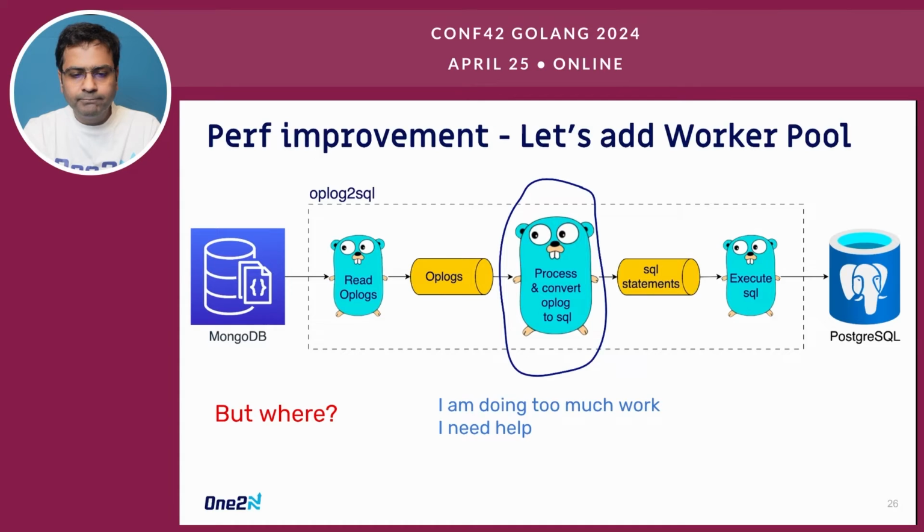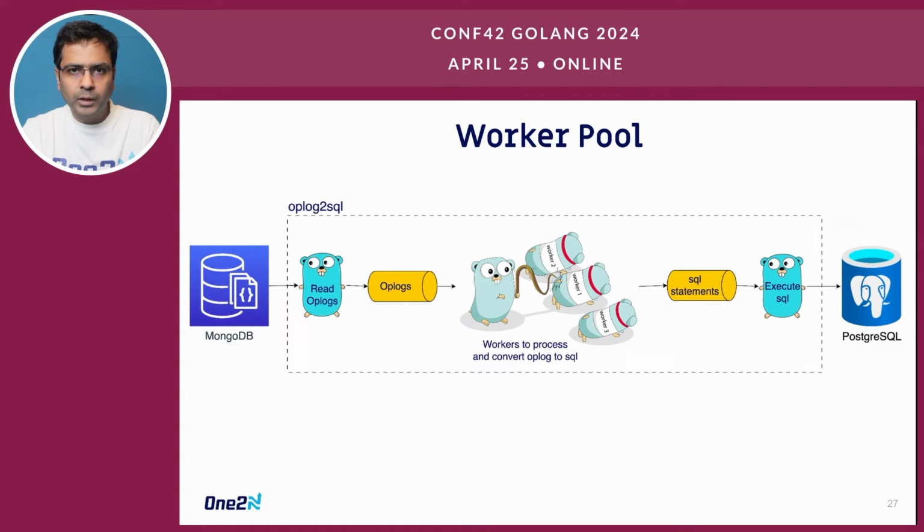So let's modify the program to add worker pools. What we have done in this case is we are reading the oplogs in a single Go routine. We are pushing the oplogs into the oplogs channel. From there, we have an orchestration where we are creating n number of worker Go routines to process these oplogs concurrently.